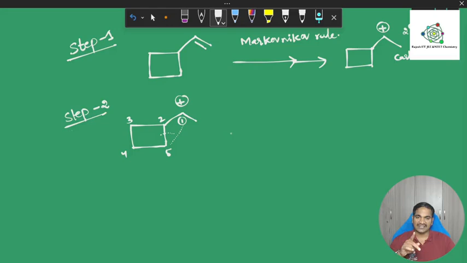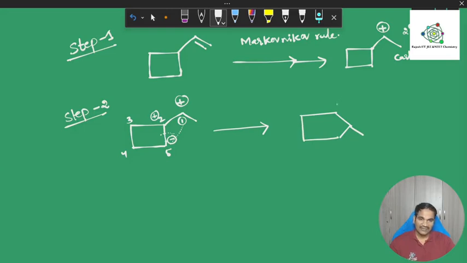In this process, the positive charge on the first carbon will disappear, and at the second carbon, due to the unequal bond breakage, there is a positive charge here and a negative charge here. This negative charge will go and attack the first carbon. Just focus on how the ring is produced. Then the ring will be converted into a 5-membered ring.